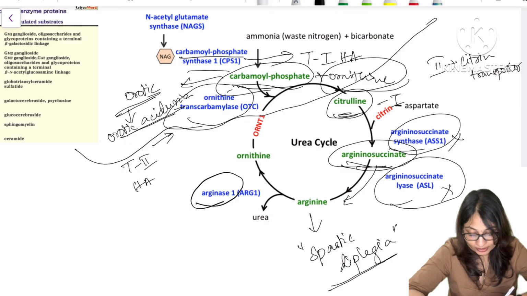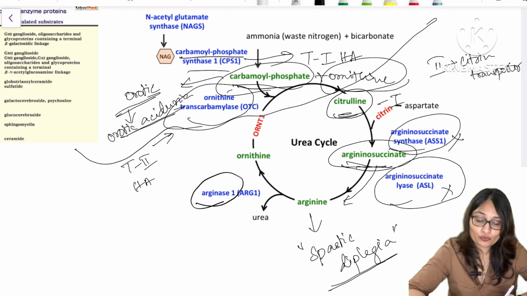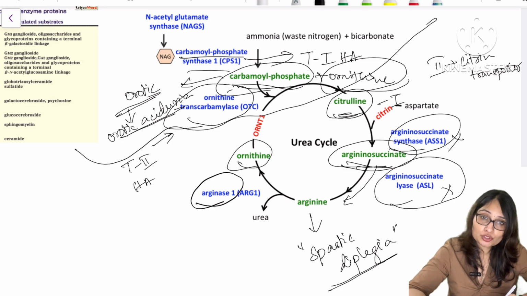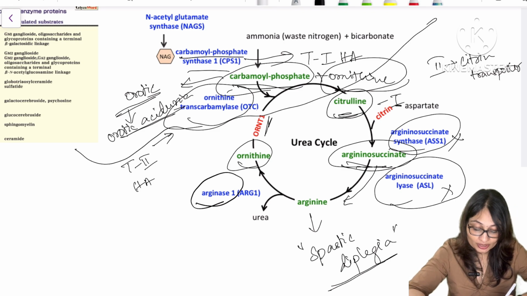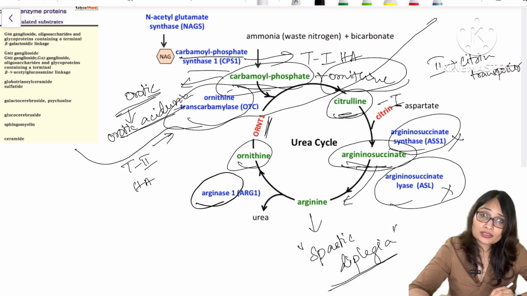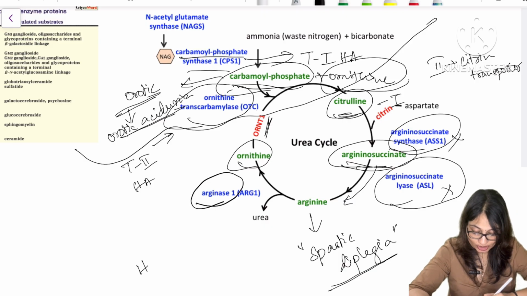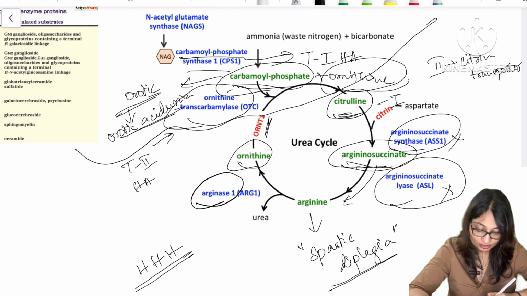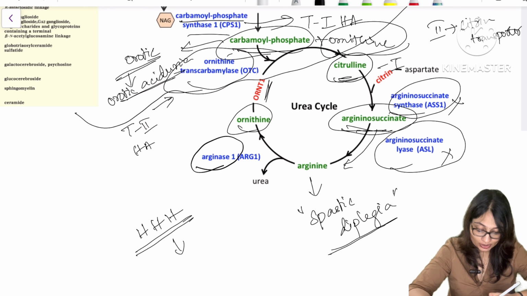This ornithine has to combine with carbamoyl phosphate for the further cycle, right? This ornithine is in the cytoplasm. It has to enter into mitochondria, and that is by the ornithine transporter. If this ornithine transporter is defective, we get HHH syndrome. So what does this represent?